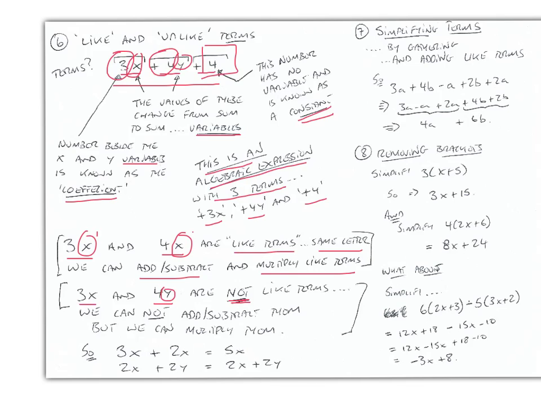Because the letters for a start are different. So they're not like terms, and we cannot add them, but we can multiply them. So you just have to be careful there, okay? We can add and subtract and multiply like terms, and we can multiply unlike terms, but we cannot add or subtract unlike terms, okay? So 3x plus 2x is 5x, whereas 2x plus 2y is still and always will be 2x plus 2y.